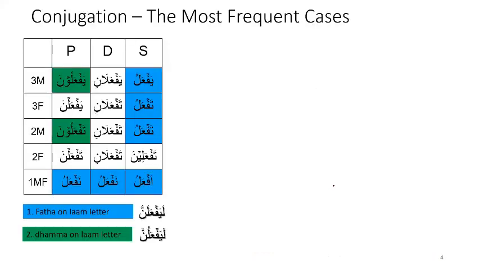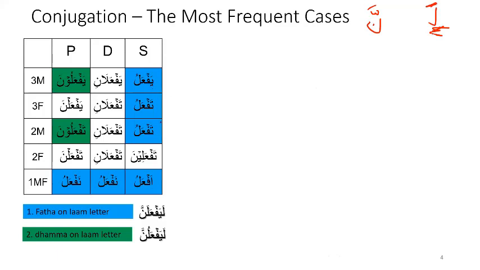Now, this might look slightly complicated initially, but I'm going to walk you through this. We are going to do the conjugation using emphasis, and the emphasis that we'll focus on is where we have the lam fatha in the beginning and noon shadda or noon thaqila at the end.